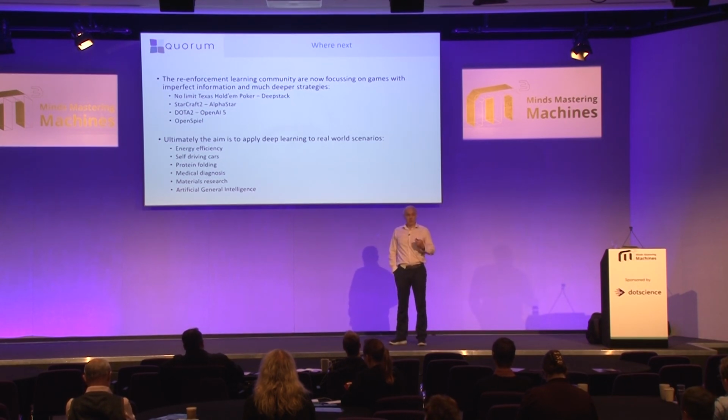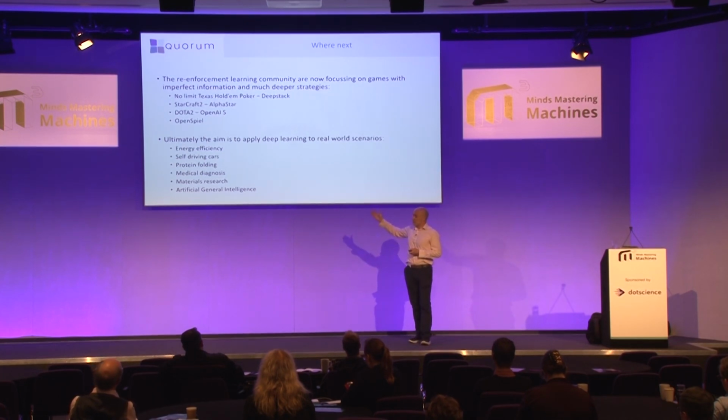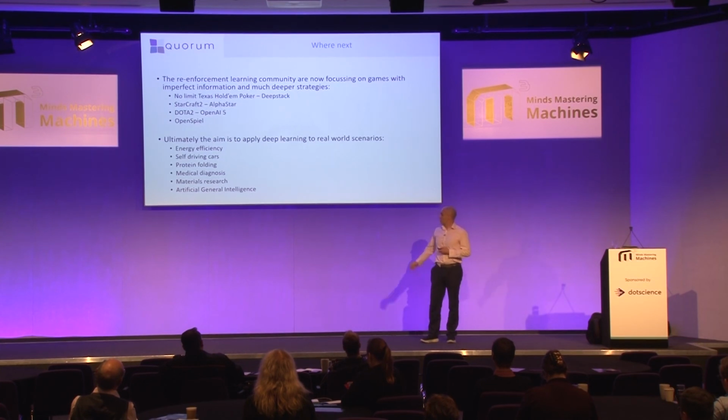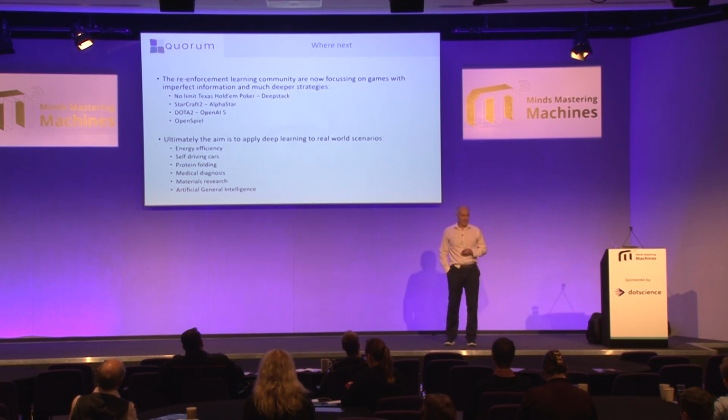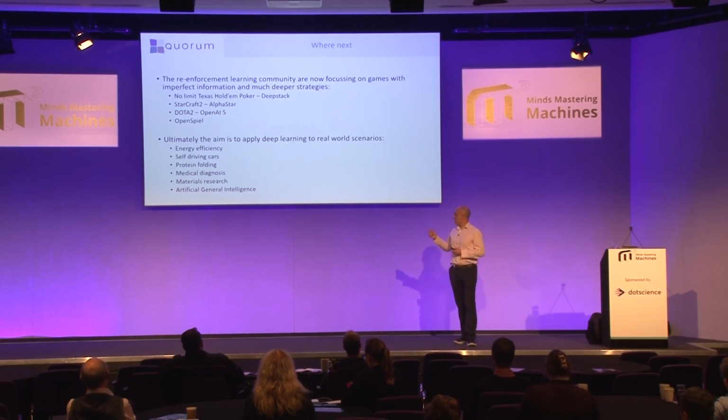Self-driving cars, protein folding, which again has dramatic possibilities in the world of medicine, materials research, smart materials, and eventually you can't have a talk in this place without mentioning artificial general intelligence. And I think whether or not that's possible, it will certainly demand some concepts of reinforcement learning to come up with what I would call an AGI.